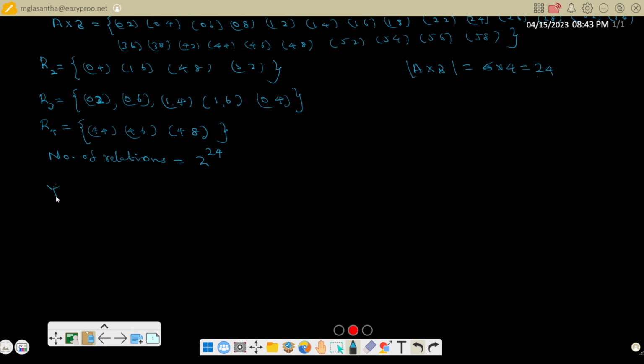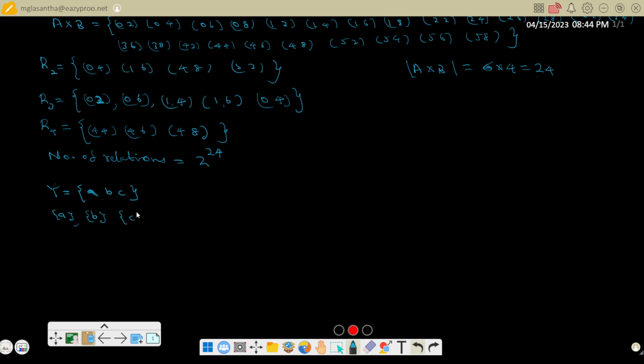Now, suppose Y is a set. Y has A, B, C. Then how many subsets are there? You can form single element subsets.